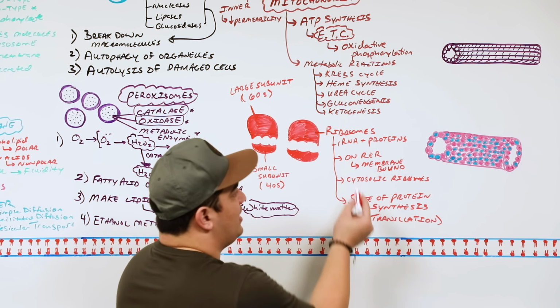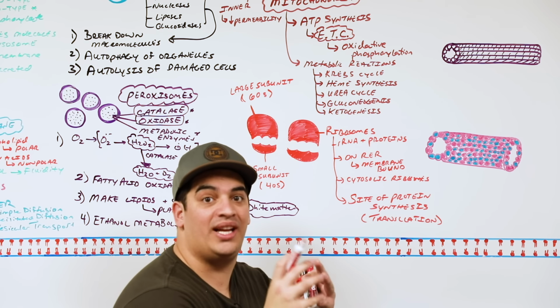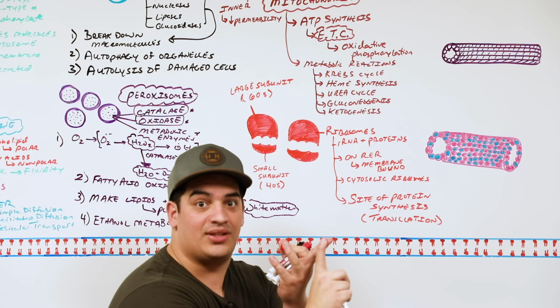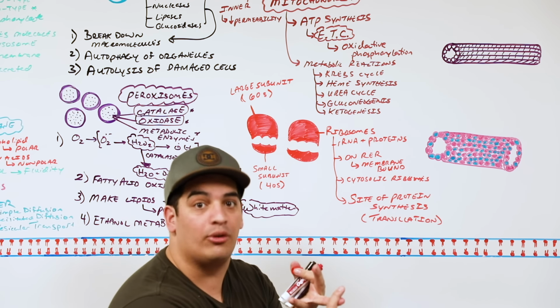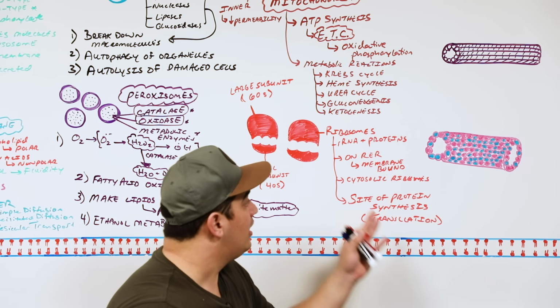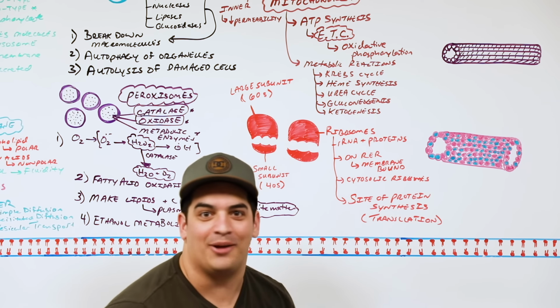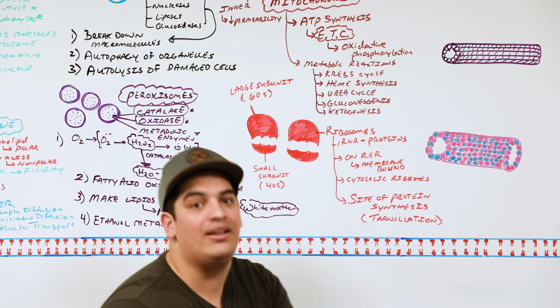Well, if you have ribosomes that are bound to the rough ER, what are those proteins going to become? Remember what we said? Those will become proteins that will be a part of lysosomes. Those will be proteins that will become a part of the membrane, like integral or peripheral proteins, or they'll be proteins that we're going to excrete out of the cell. Cytosolic ribosomes, those are just going to be making little enzymes, different types of proteins inside the cell that will not leave the cell.